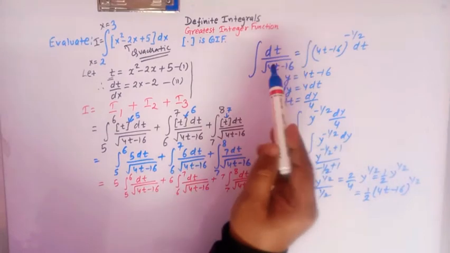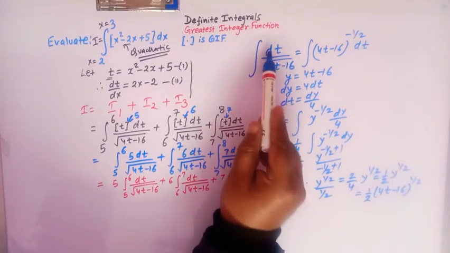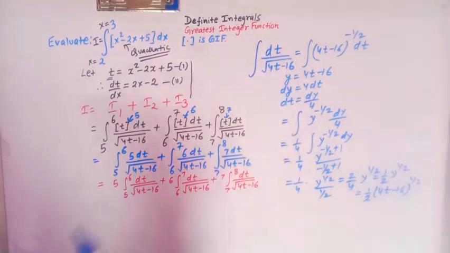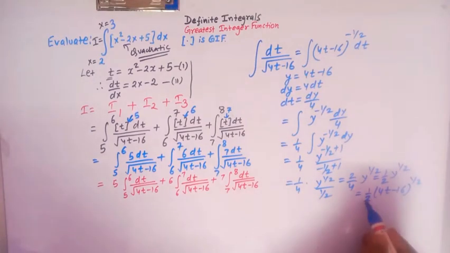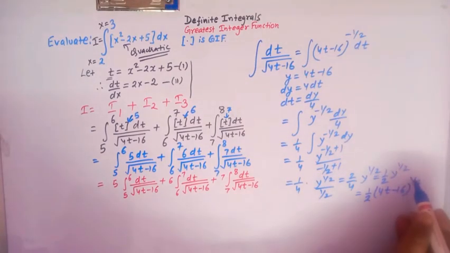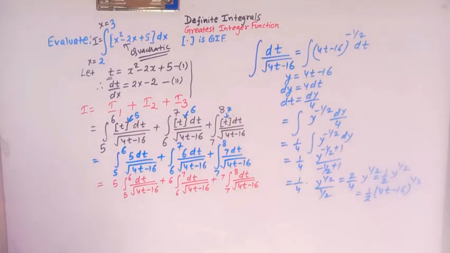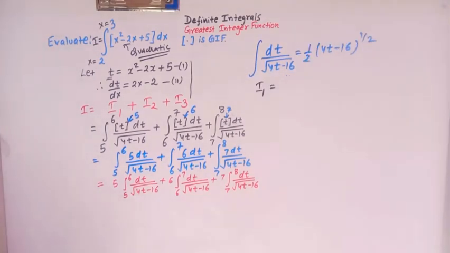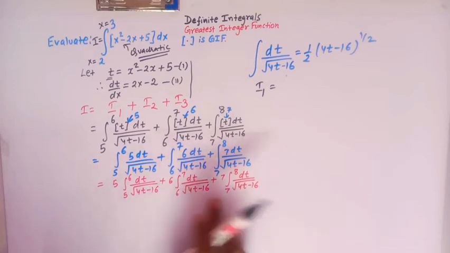So the integral of dt over square root of 4t minus 16 is half times 4t minus 16 raised to half. So now viewers, let us calculate the indefinite integral of these three expressions, right?